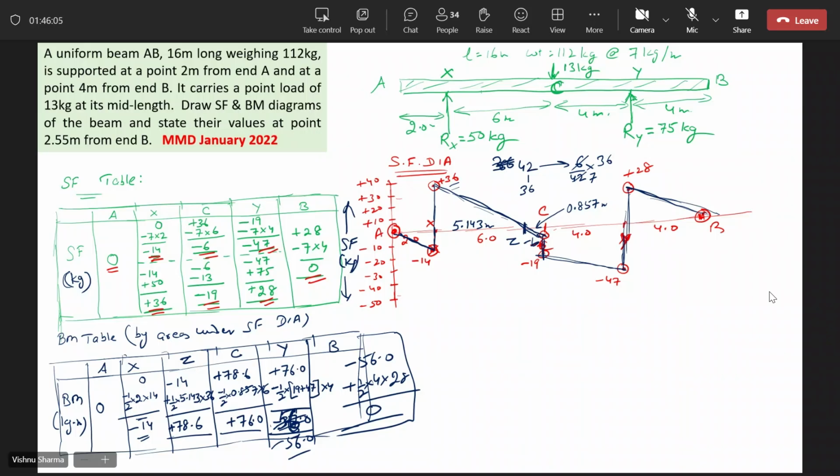Yes, sir. Okay, draw the curve then. Draw the BM diagram.